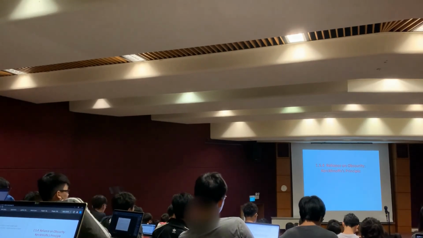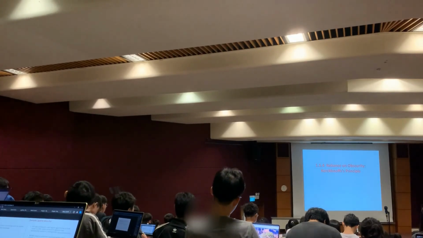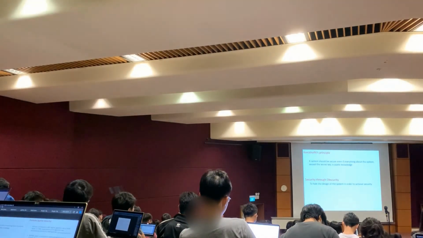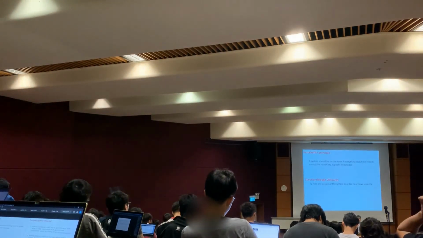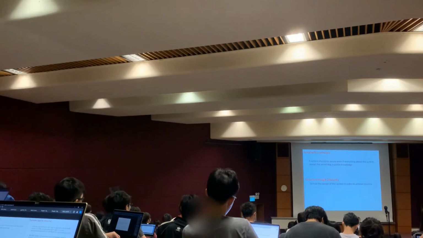There's also something called the Kerckhoffs principle, and obscurity. There are two ways to protect a system, two principles. One way is called security through obscurity, meaning that to protect the system, you don't tell people the details of the system.